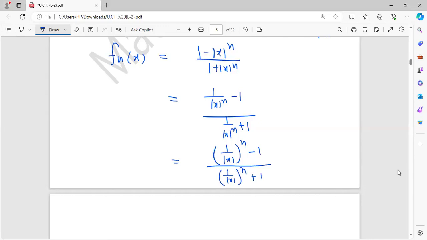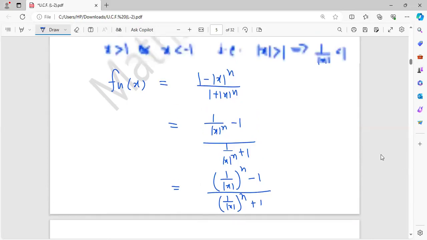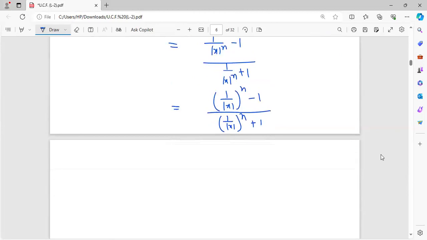So this part goes to 0 because 1 upon mod x is less than 1. So its value will go to 0. So it means this tends to 0 minus 1, 0 plus 1. It is minus 1 upon 1. That is minus 1. So fn x tends to minus 1.